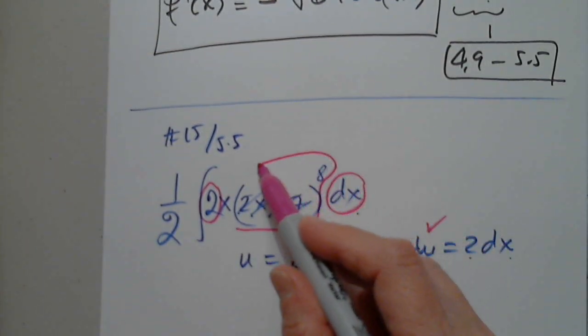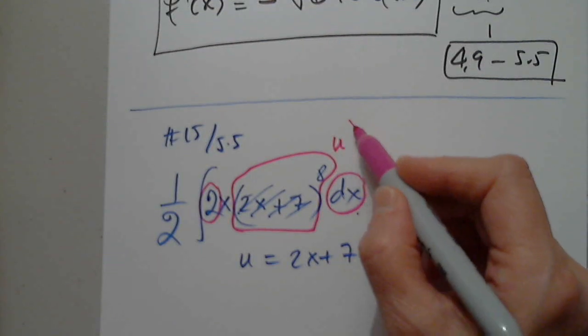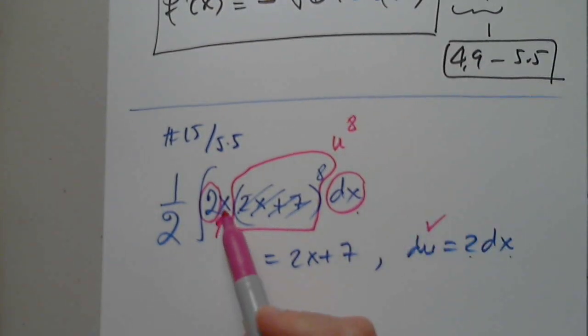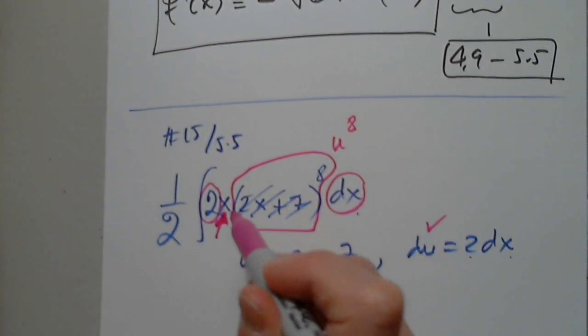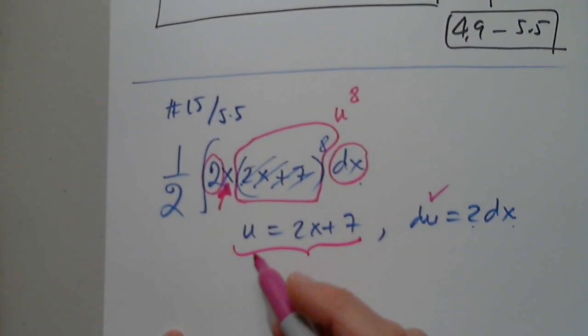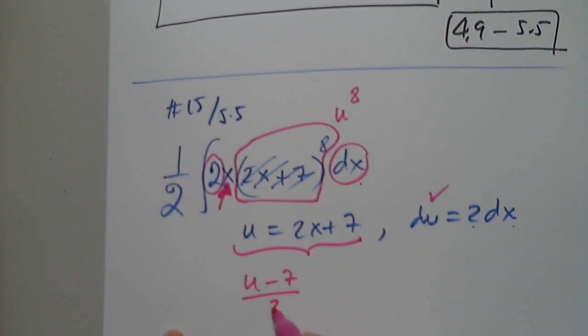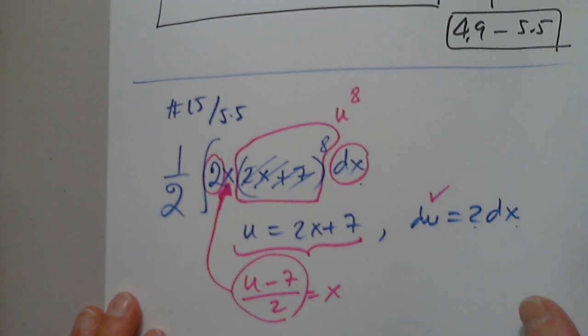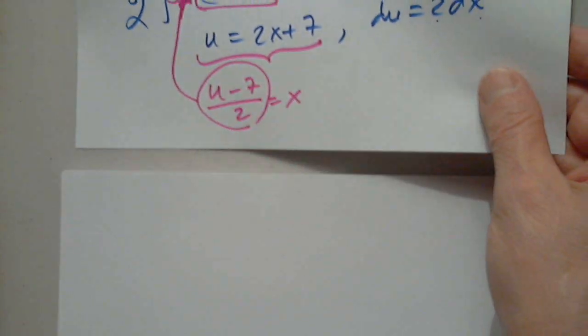This is u to the 8th. And no leftovers. I have a leftover: x. Move 7, divided by 2. I see. No leftovers. Not allowed.